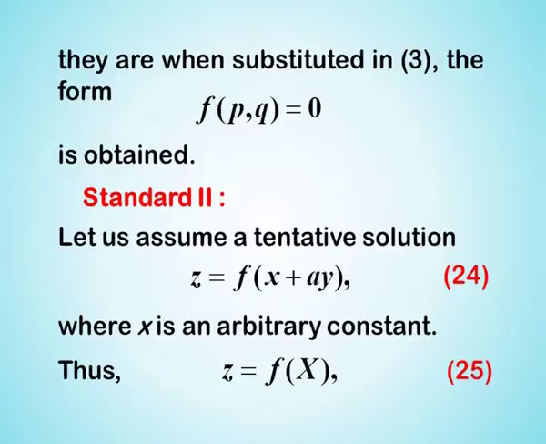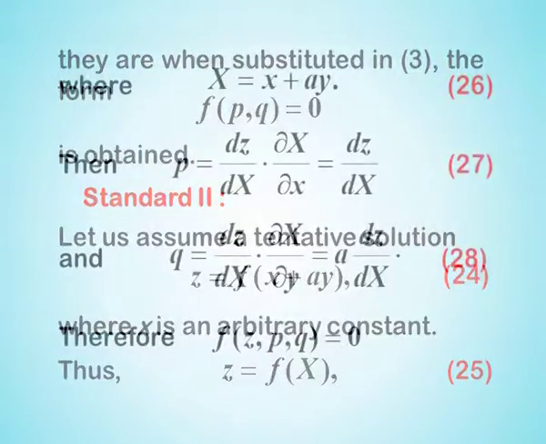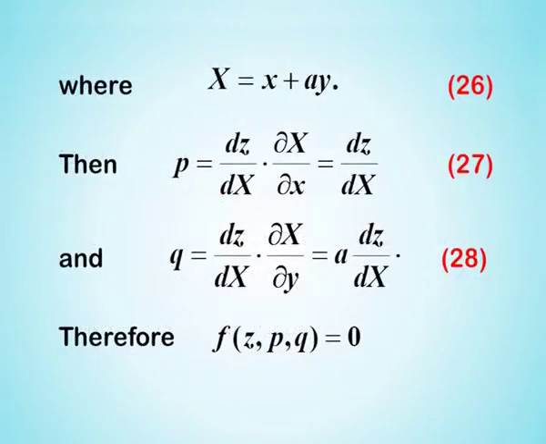For standard second, let us assume a tentative solution, it may not be the complete solution yet, given by z is equal to a function of X, where X is represented as x plus ay, and a is an arbitrary constant. That is equation 26. Then, very simply, p and q can be defined.